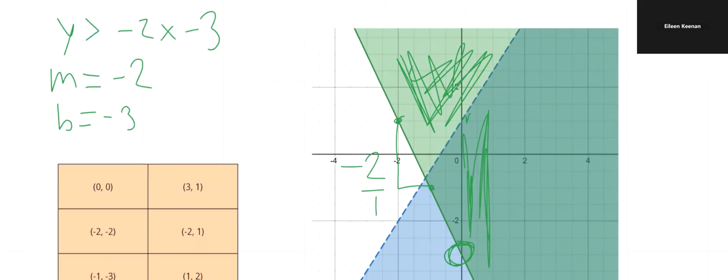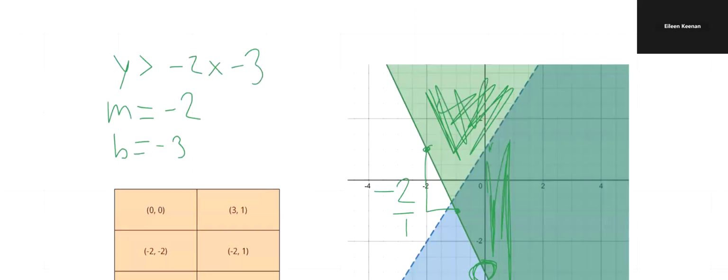Now we have to look for one more thing when determining if it's going to be a greater than sign or a greater than or equal to sign. If our line is a solid line, we use the inequality with the line underneath.